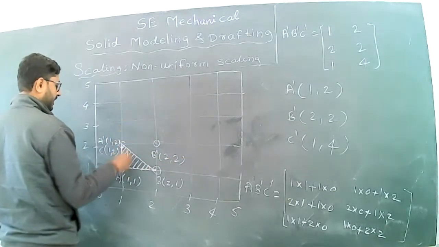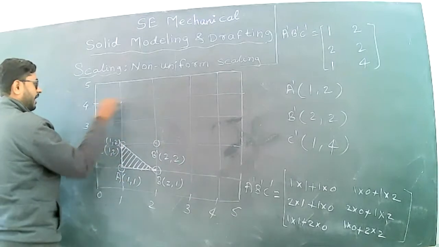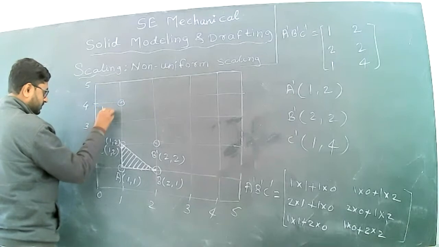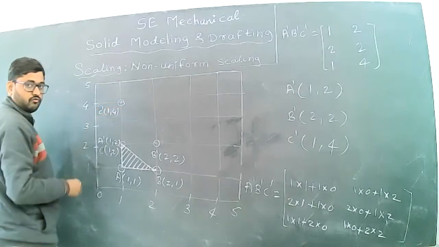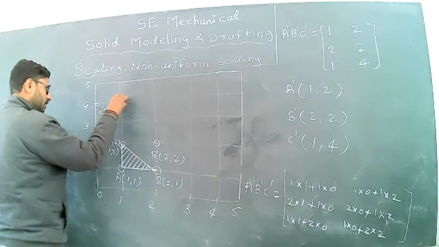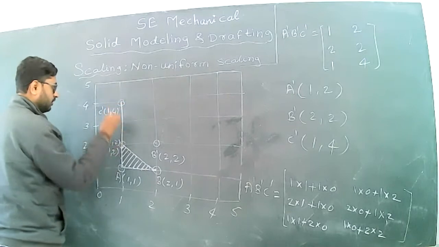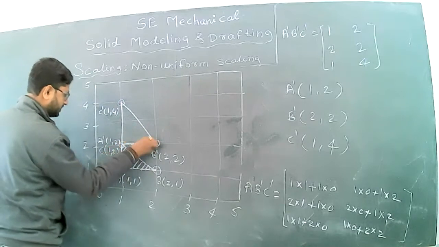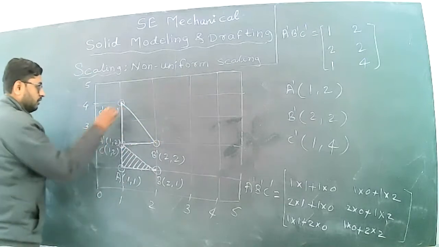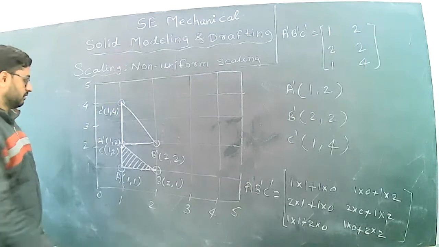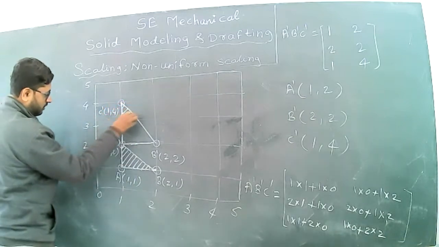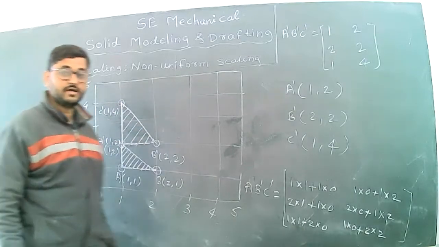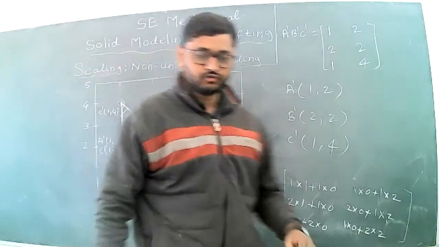And for C dash, x distance is 1 and y distance is 4, means here C dash is 1 4. Just draw a straight line joining these 3 points A dash B dash C dash. You get the scaled triangle A dash B dash and C dash.